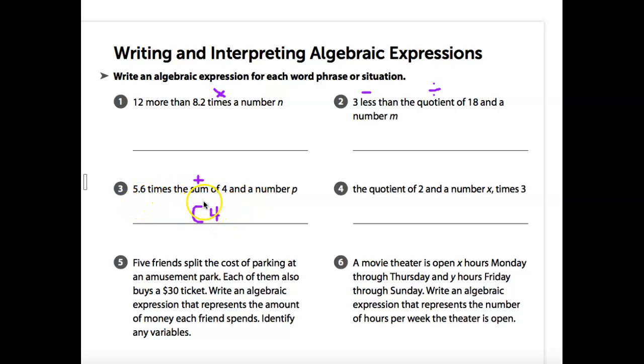So we put these in parentheses. For the sum of 4 and a number p, when we put it in parentheses, we know from order of operations, parentheses come first. So we would have to find 4 plus p. And after we did that, then we multiply what we get times 5.